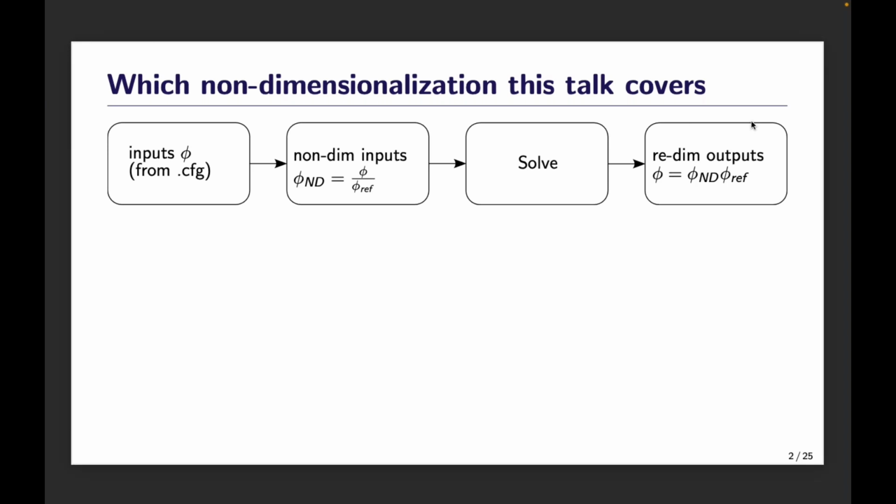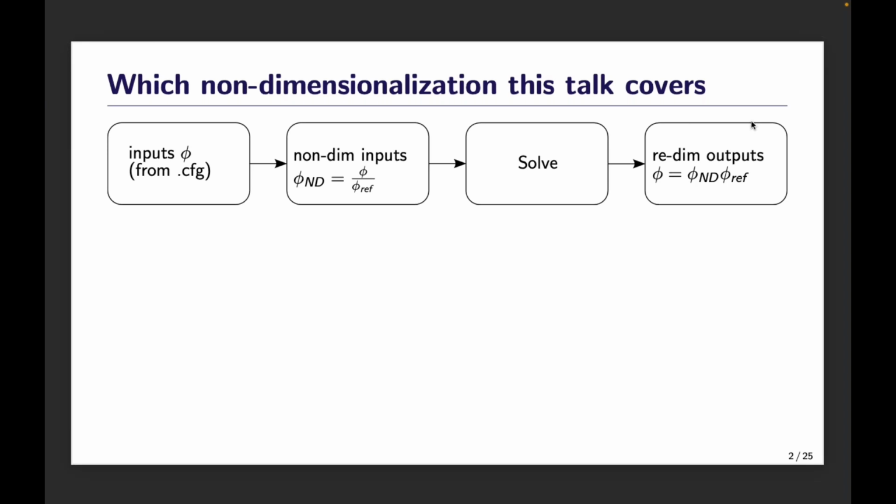Okay, and of course, first off, the non-dimensionalization I'm talking about is that any input we get, especially from the config, but also from other files, which I represented here as a generic phi, we divide that value by a reference value to get the non-dimensionalized value.